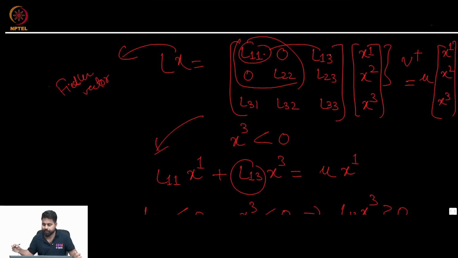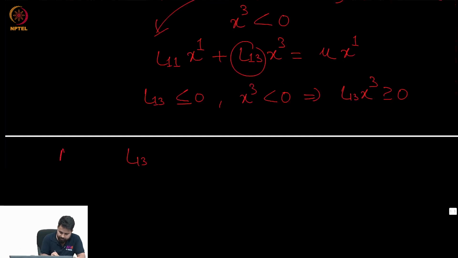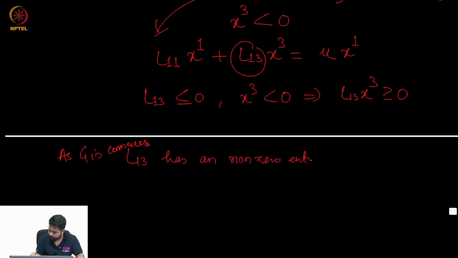Because the graph is connected, this component must have at least one edge with the other part. We need not worry about L22 right now. As G is connected, L13 has a non-zero entry, so L13 is not equal to 0.